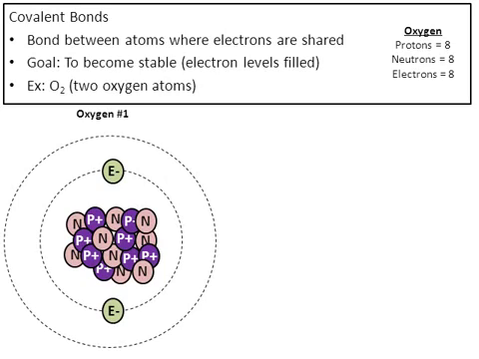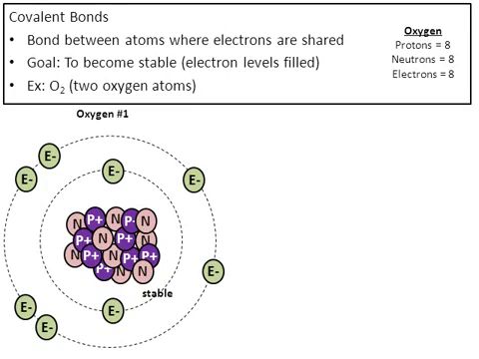So when I draw the electrons, I'll put 2 electrons in level number 1 because that's all level number 1 can carry. And then I'll put the leftover 6 electrons in level number 2. And notice how the first level, the inside level, is stable because it can only hold 2, and it has 2. But the second level is unstable. It can carry 8 electrons, but it only has 6. That's a problem. It's unstable.